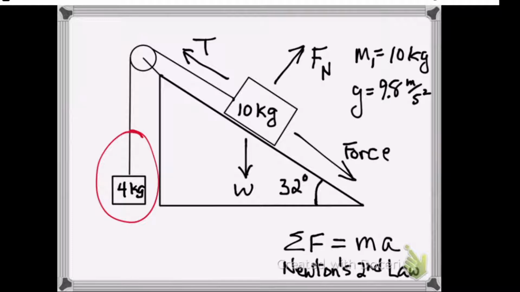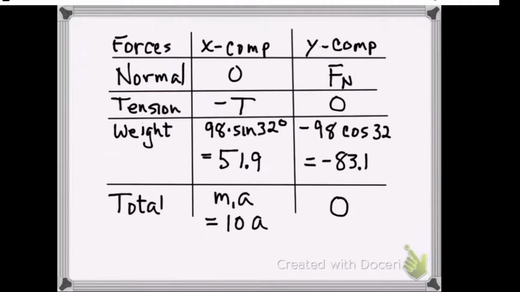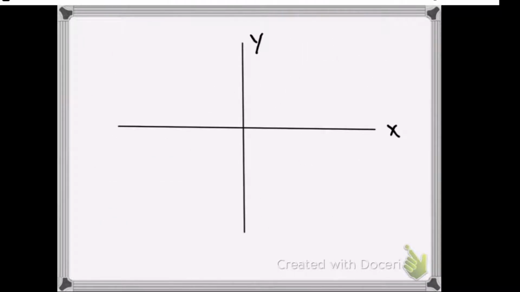So let's go make that free body diagram. We're going to draw a dot. That dot represents our mass. This is for M2, and M2 is 4 kilograms. And we want to remember that g is 9.8 meters per second squared.